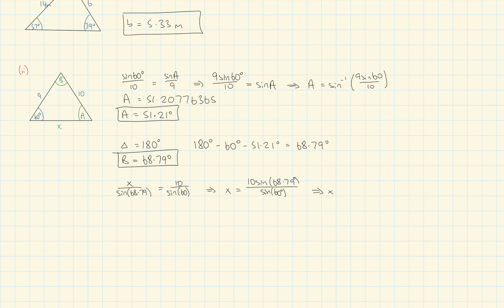So for x we get 10.76481899. And again, we'll go 2 decimal places. And we'll say again for this example that our unit of measurement was meters.